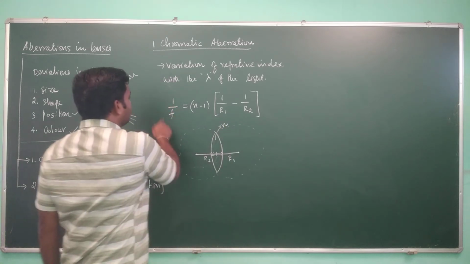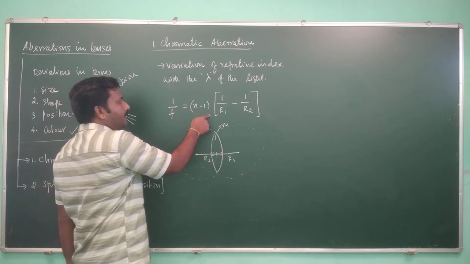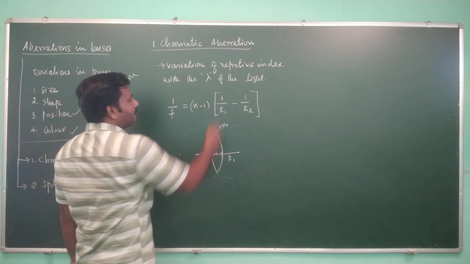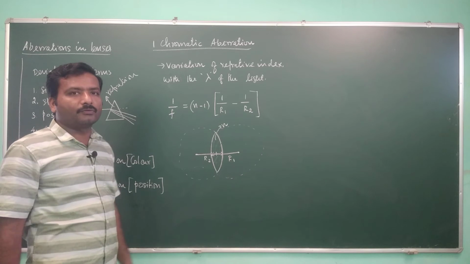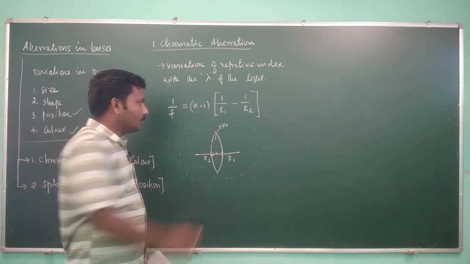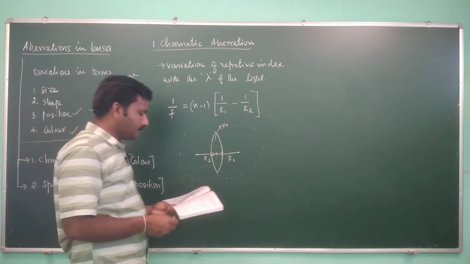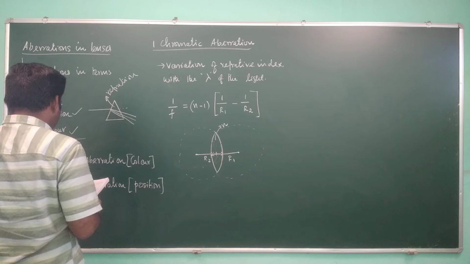Now the focal length of this lens can be written as the product of n minus 1 and the difference between 1 by R1 minus 1 by R2, where R1 and R2 are the radii of curvature of the two surfaces of the lens. So this is the equation.